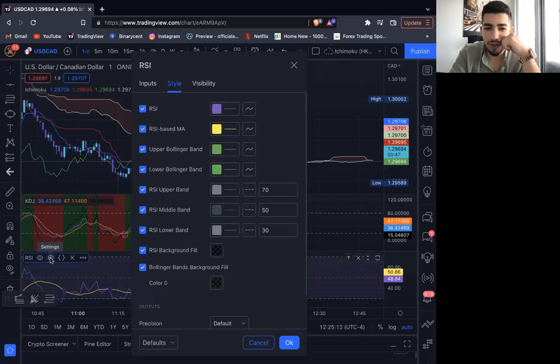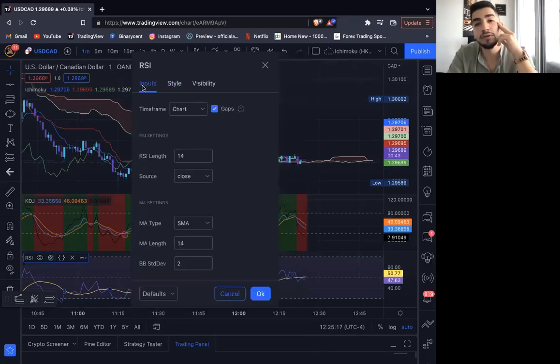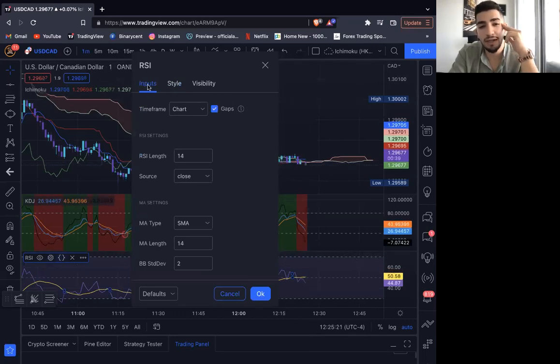So I came down to settings of my RSI. Click input. The only thing I'm going to change on inputs is my length. You guys see length? I'm going to change it to 5.